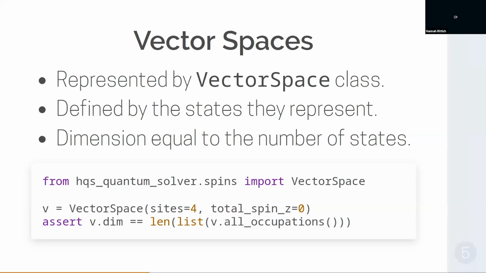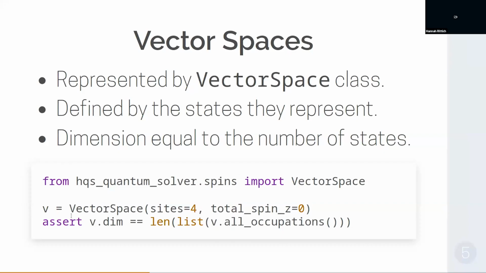By particular choices of states, you can actually enforce certain conservation of quantum numbers. You have to be a bit careful about that. You should know what you're doing. In most cases, you should be getting an error if you're doing something unreasonable, and this becomes relevant later. Obviously, the space should be as small as possible to get the most performance.